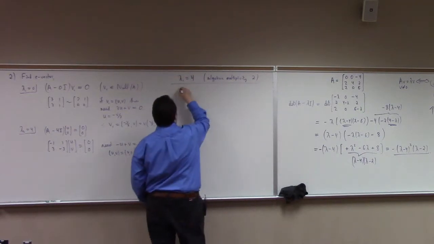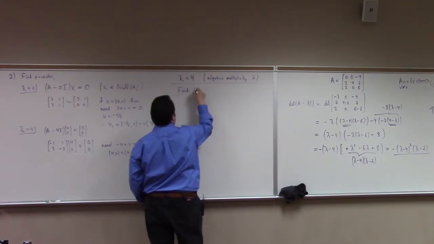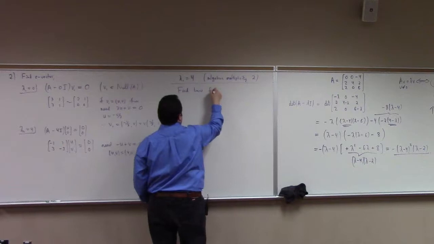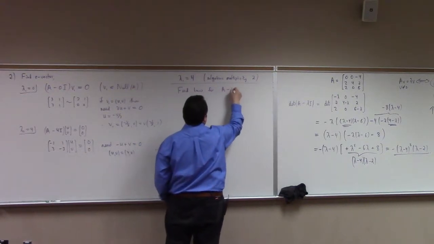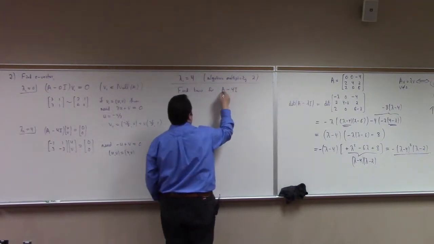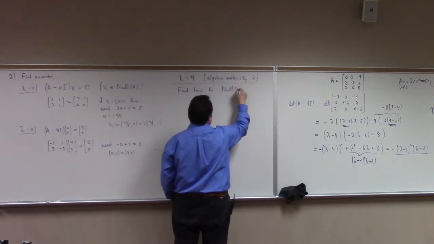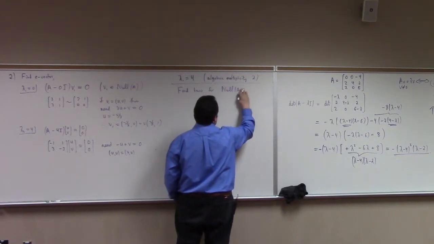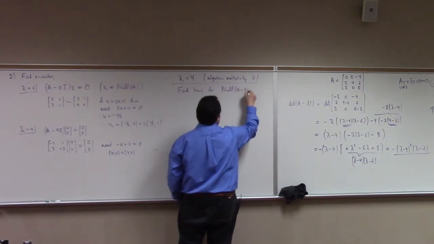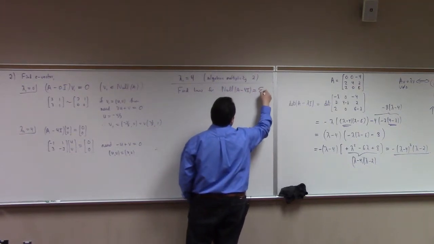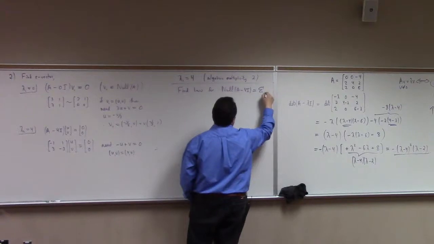So we need to find a basis for A minus 4I, right? Oh, I'm sorry, the null space. The null space of A minus 4I is equal to the eigenspace of lambda equals 4.